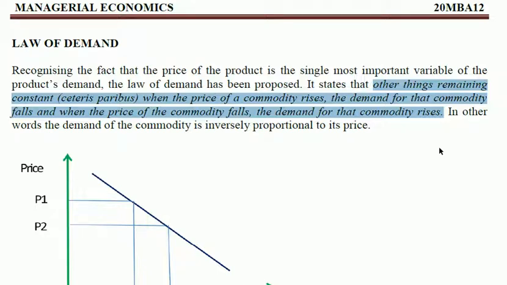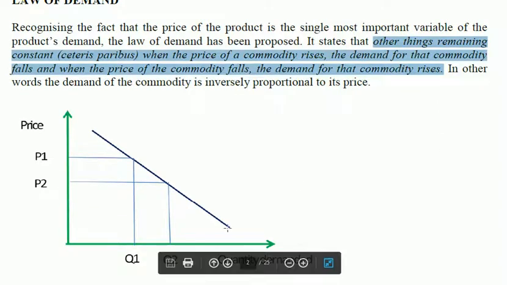There are two things being compared. We begin with the price: if any change happens in the price, what is the resultant change in the demand? So first comes price, then demand. Increase in the price will cause decrease in the demand, and decrease in the price will cause increase in the demand. This is what is represented in the graph here.